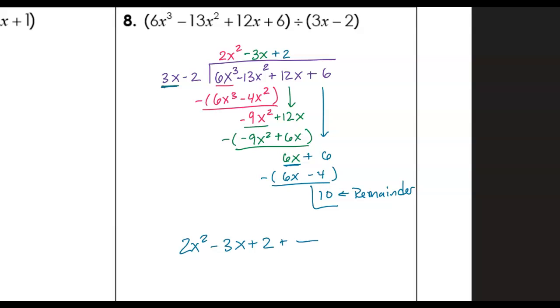What is doing the dividing in this whole problem? Yes, 3x minus 2. So our 10 is being divided by 3x minus 2. That's how we write the remainder. And we're done. And we do put a plus between because otherwise it'd be 2 times 10, and we don't want that.